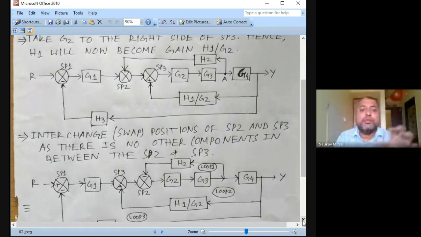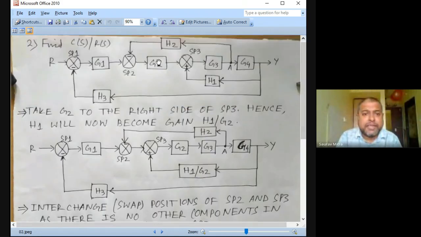One is taking the summing point to the left of G2, you can find it here. This is G2, and SP3 is to the right. Here I have taken G2 to the right, or SP to the left. You are finding that SP2 and SP3 are consecutive, so I am taking G2 to the right and SP to the left. This is what I have done. This step was not done in M Gopal and was not shown to you yesterday.